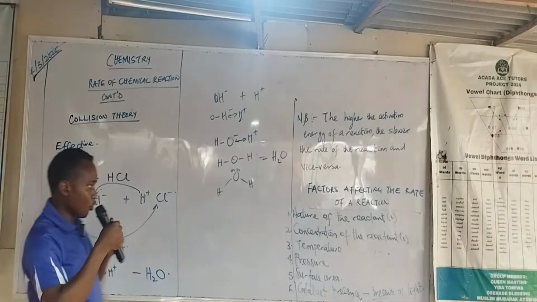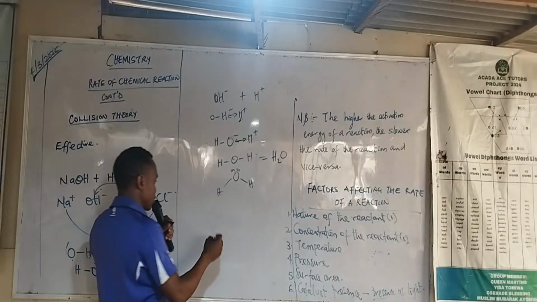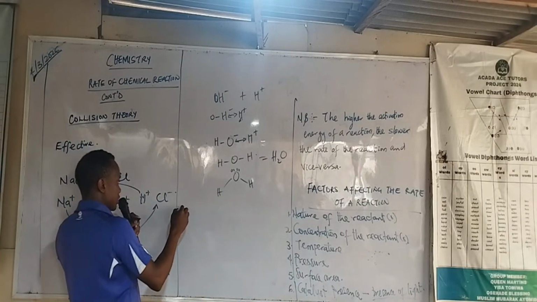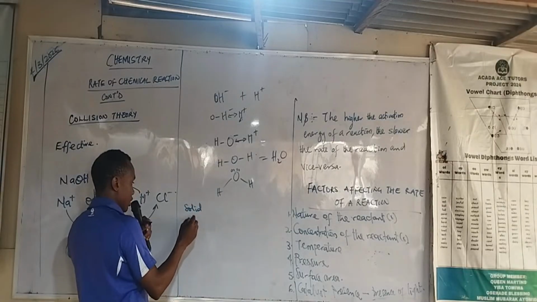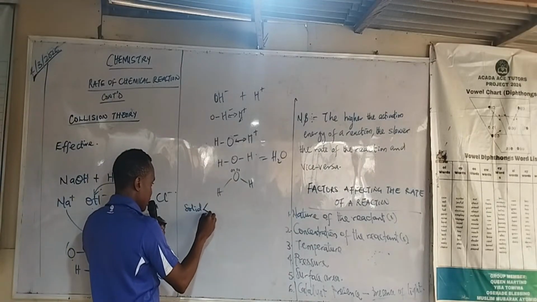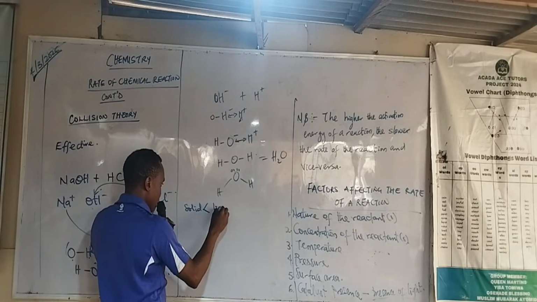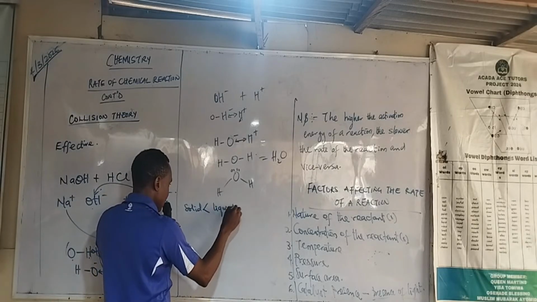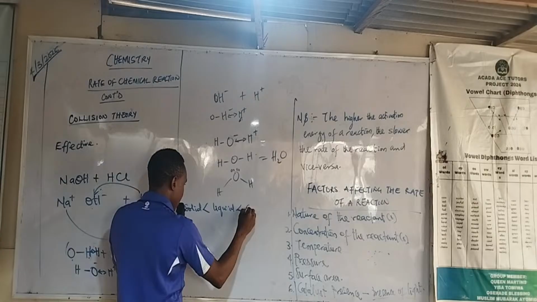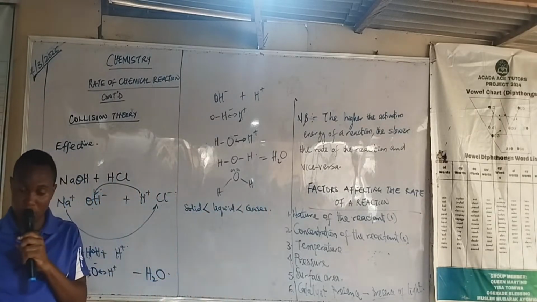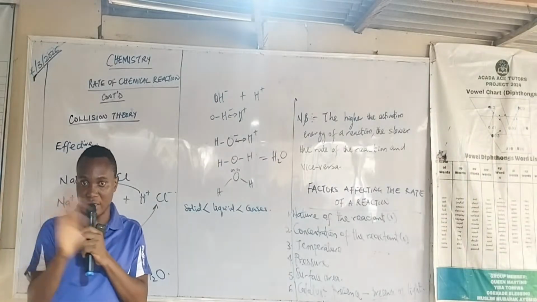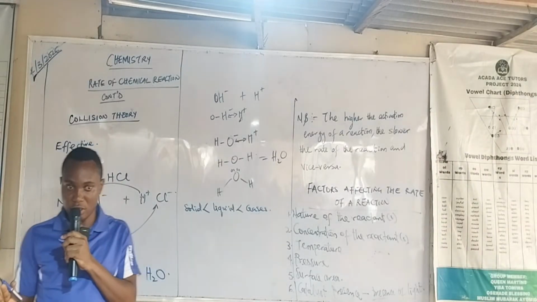Faster. So we can depict it in terms of nature of reactant. Solid, in terms of rate of chemical reaction, is lesser than liquid, and liquid has lesser rate of reaction compared to what? Gases.